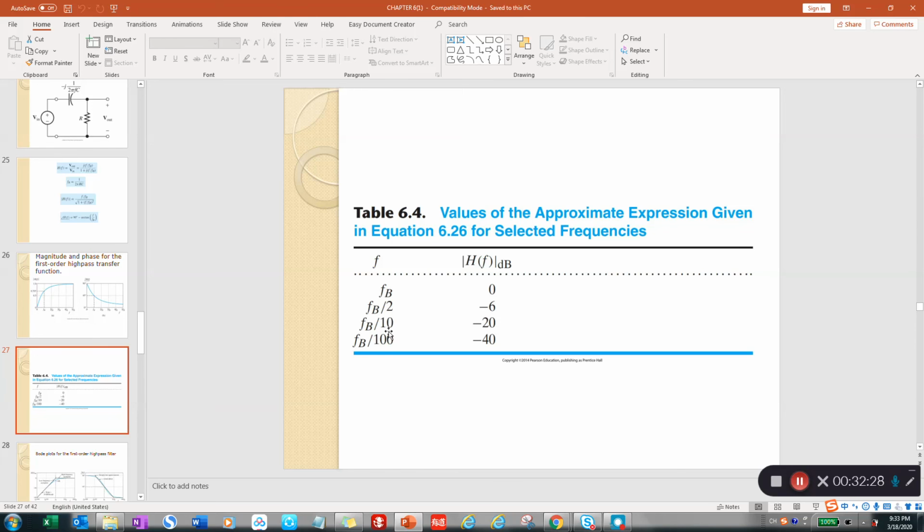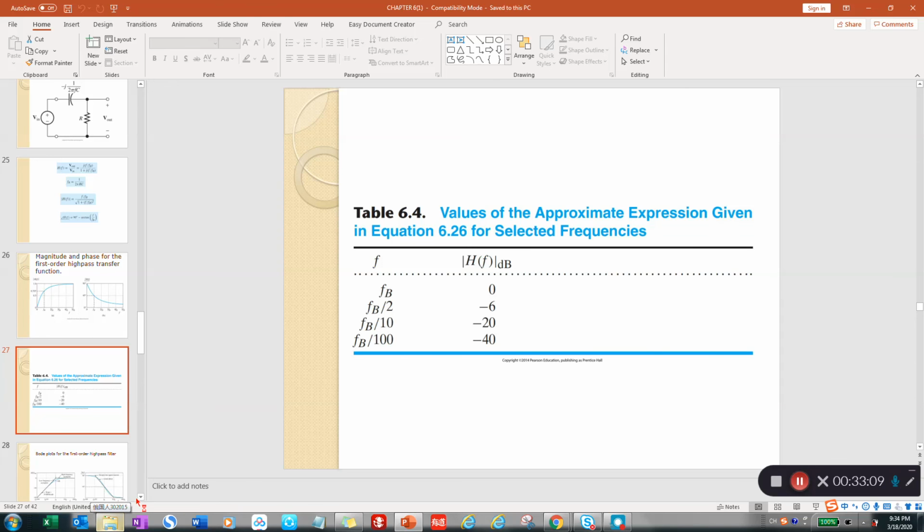If fb divided by 10 is our frequency, then the amplitude in dB will be -20. The same thing, if your frequency is fb divided by 100, then the amplitude in dB will be -40, so that we know the pattern. Here you can see as the frequency decreases, your amplitude will decrease.